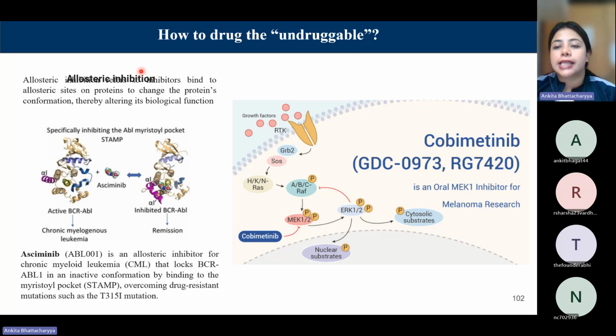Basically, here we're looking at the second approach of targeting the so-called undruggable, that is by allosteric inhibition. If you have studied enzymology at some point, you would understand what allosteric basically means. These inhibitors bind to other sites of the protein.